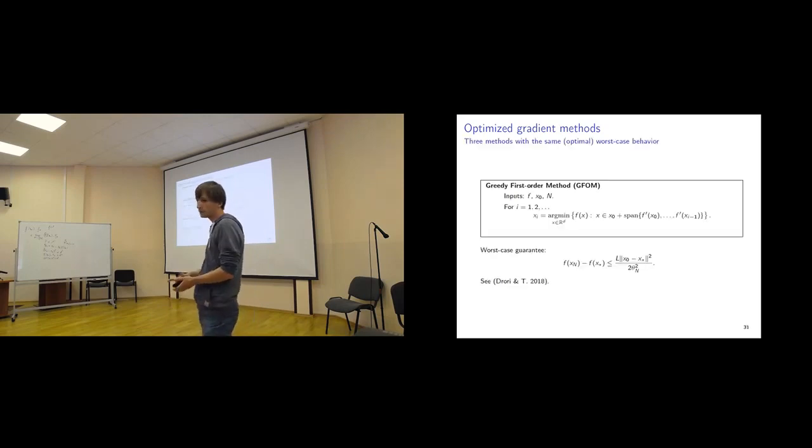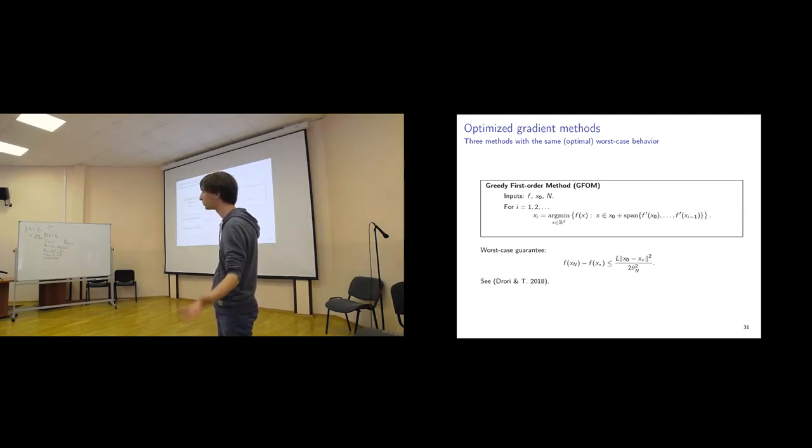The first algorithm is something that you absolutely don't want to use in practice. It's a crazy version of conjugate gradient. At each iteration, you perform a span search over all previous gradients. If you do that, you can observe numerically, and then prove, that the best worst case certificate you can prove is actually this thing.